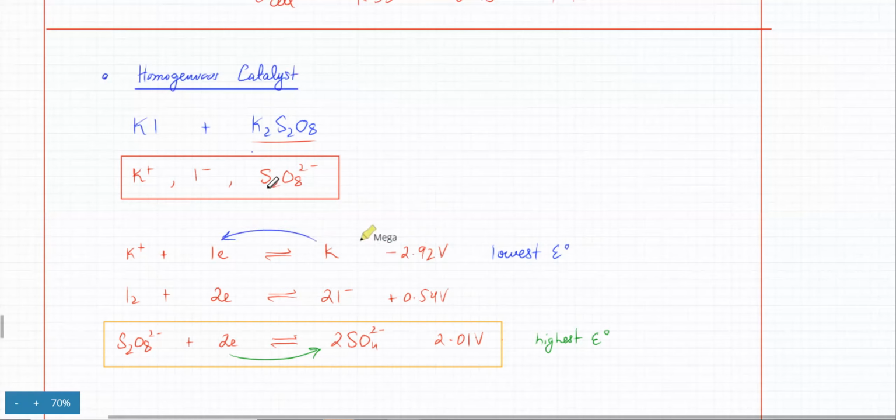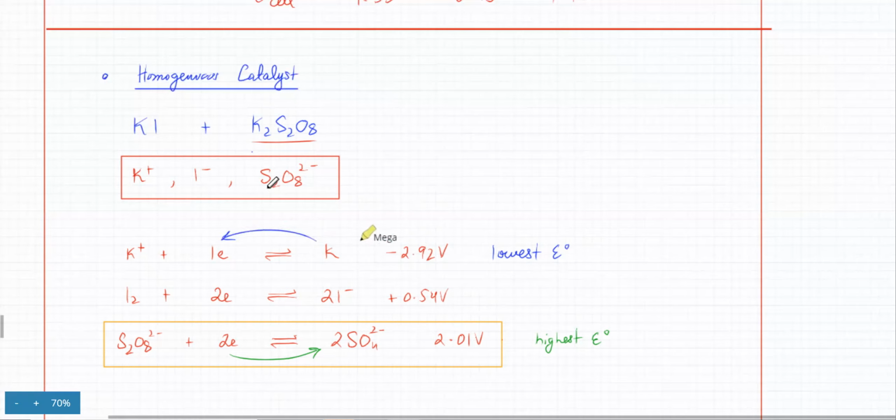The products are, in the first one, iodine that's being formed, and in the second one, 2SO4 2 minus. So I've figured out the overall reaction.